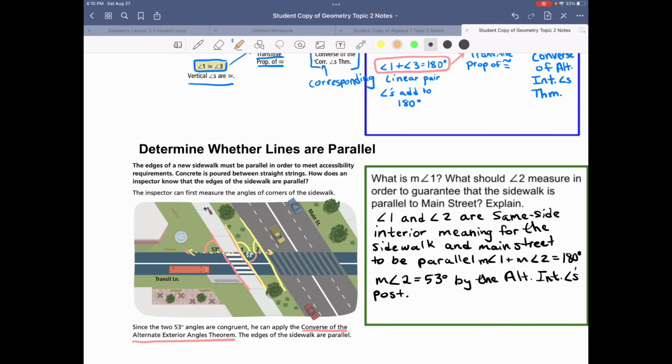Actually, there's not an apostrophe right here. And then if that's true, then angle 1 would have to equal 180 degrees minus 53 degrees, which would equal 127 degrees. Only if they're parallel. So if that is true, then the sidewalk and Main Street would be parallel to each other.